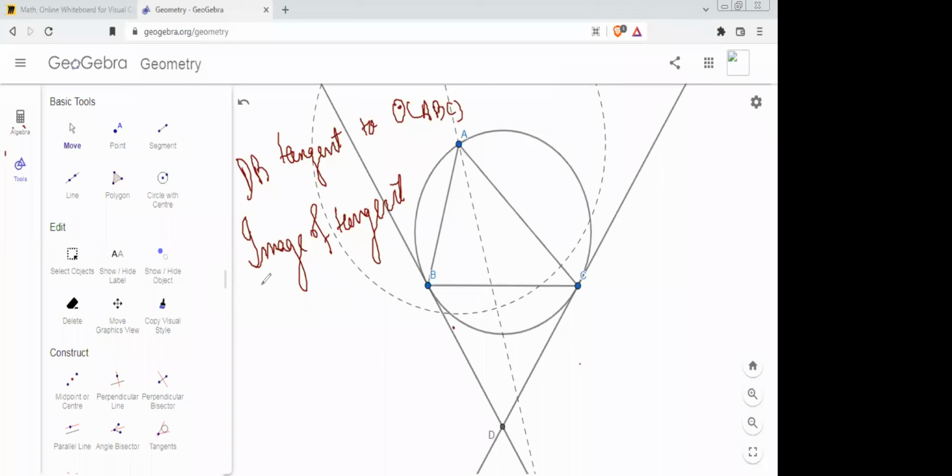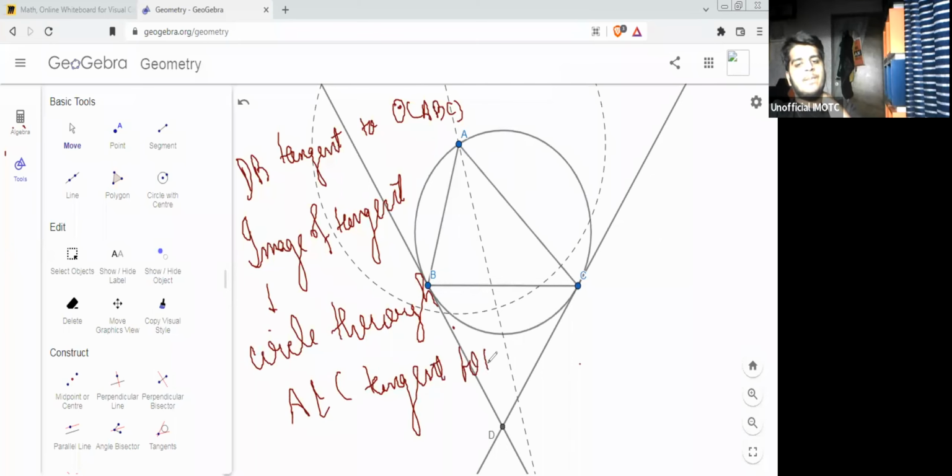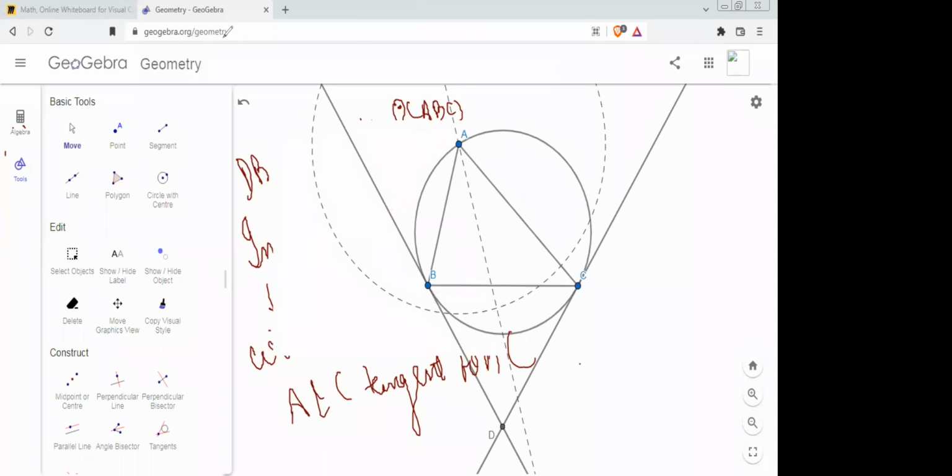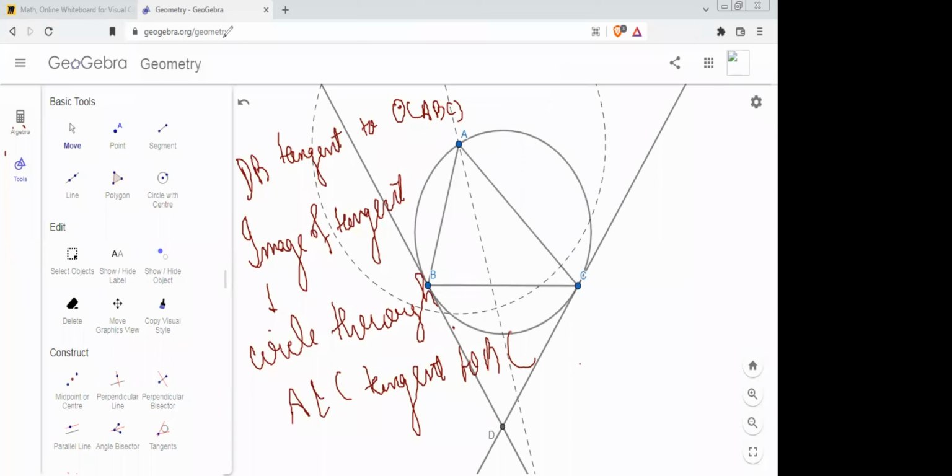Sorry, the circle through A and C tangent to BC. Right. Do people see this? Why? If not, you can say no, it's fine, I'll explain. But I want to know how many people understand this. You can also type in chat.